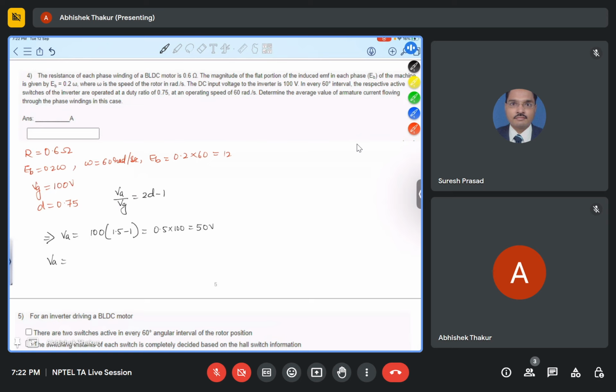Now VA is equal to 2 into IA RA plus EB. Here we have to find IA. RA is given 0.6 ohm and EB we have already found as 12. So we can write VA is 50. 50 is equal to 1.2 IA plus 24. So we will get IA is equal to 26 by 1.2.